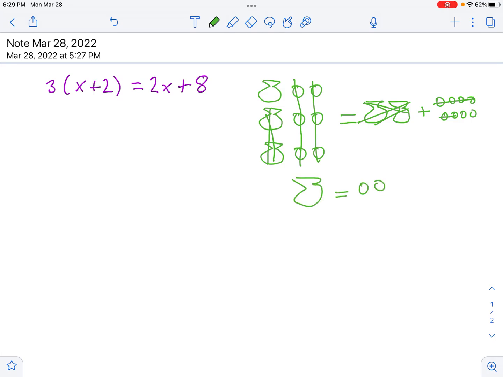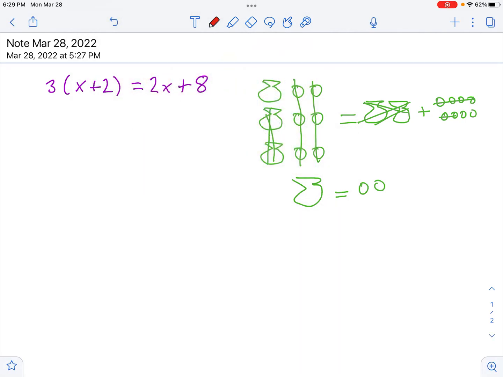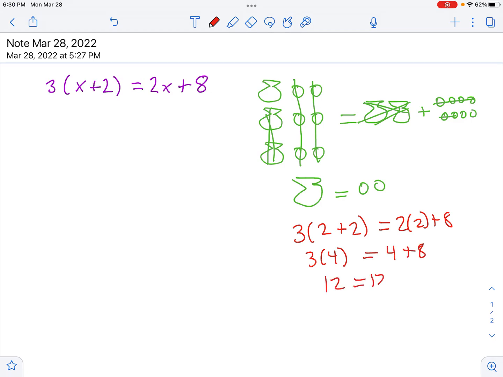In other words, x equals 2. Let's just test that, just make sure that that actually is correct. So 3 times 2 plus 2 equals 2 times 2 plus 8. 2 plus 2 is 4, so 3 times 4 equals 4 plus 8. We get 12 equals 12. Yes, that is actually correct.